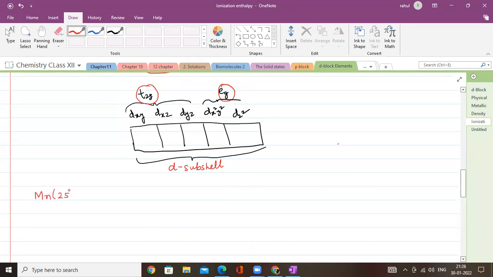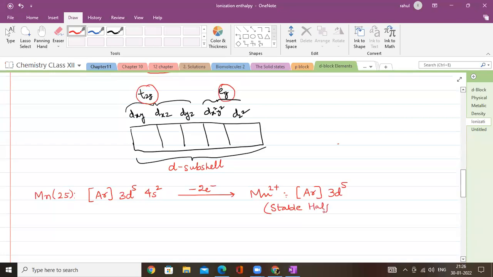Now I am going to first take up the case of manganese. Manganese has atomic number 25. If I write down the electronic configuration, it is argon 3d5 4s2. Manganese quickly has a tendency to lose 2 electrons to become Mn2+, which has the configuration argon 3d5, a stable half-filled configuration.